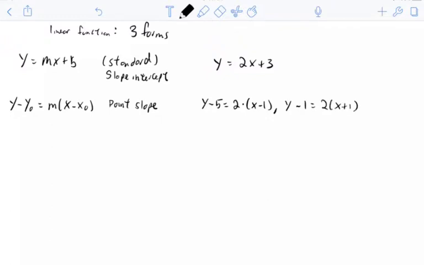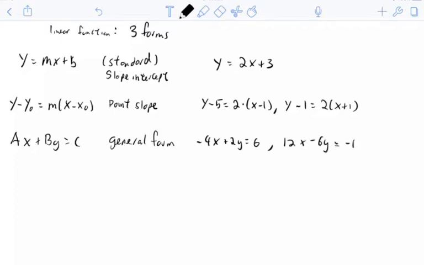And there's a third form that looks like this, ax plus by is equal to c. This is called general form. So, for instance, minus 4x plus 2y is equal to 6, or 12x minus 6y is equal to minus 18.